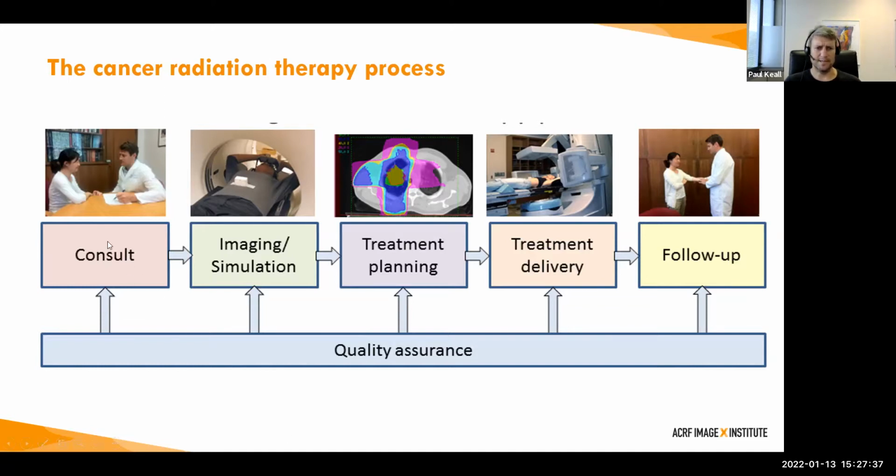So there'd be a consultation, and if the person is referred to radiotherapy, then they would come to the imaging, where we try to look inside to see where the cancer is inside the patient.